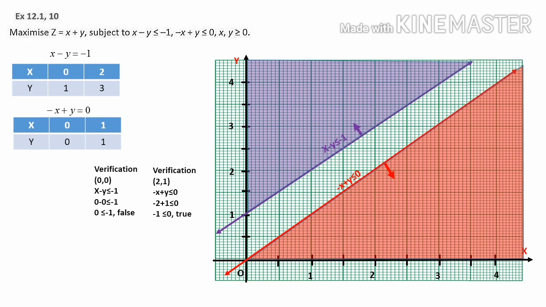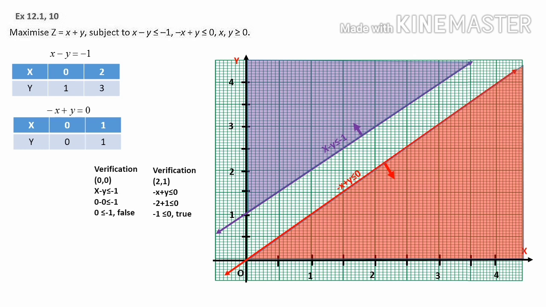And here there is no common portion. When you look at x greater than 0 and y greater than 0, x greater than 0, as I have told you, is the positive side of the x-axis, meaning the right side of the y-axis, and y greater than 0 means above the x-axis.